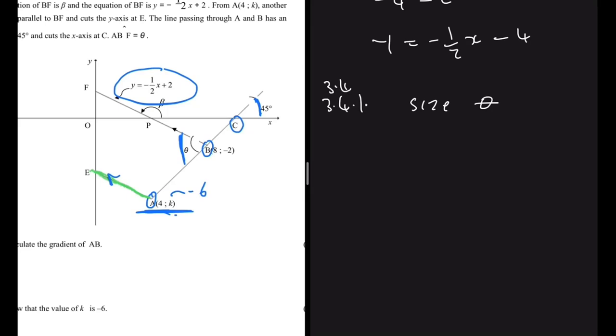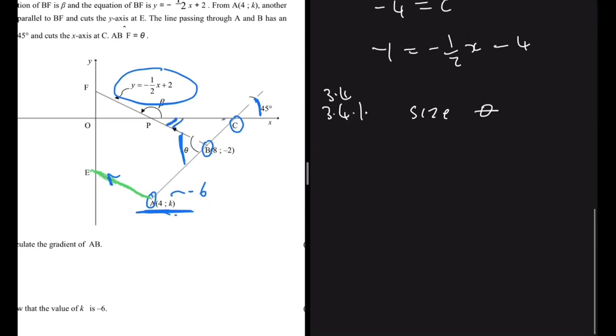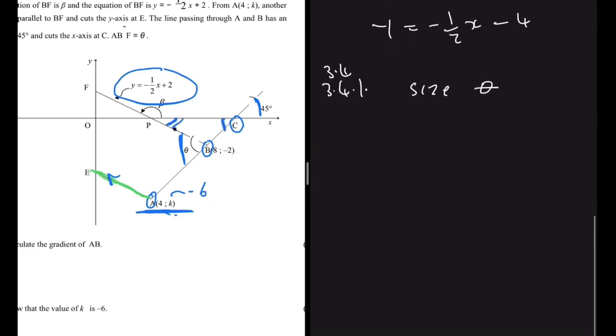Let's look at that. Theta will be equal to this angle here plus this angle here, right? Because an exterior angle of a triangle is equal to the sum of the two opposite interior angles. So now we can see that theta is equal to angle CPB plus angle PCB.